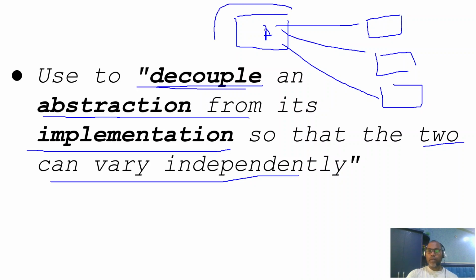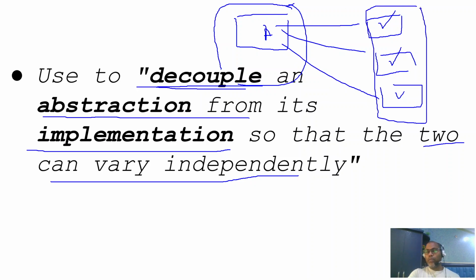The client has an abstraction object, maybe an interface or abstract class, and a direct list of implementation classes. So here our client code is directly coupled with the implementation.